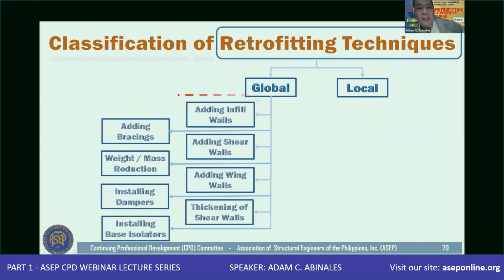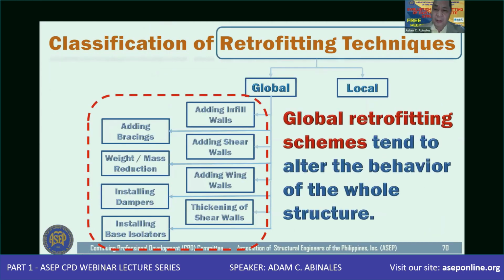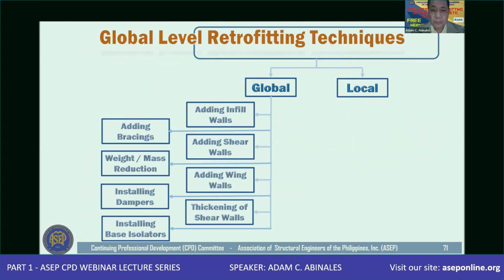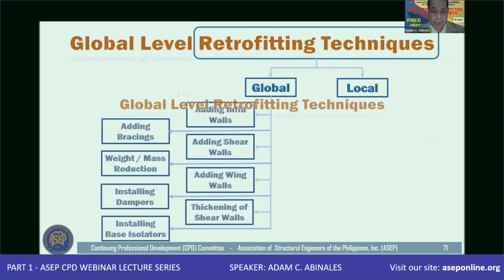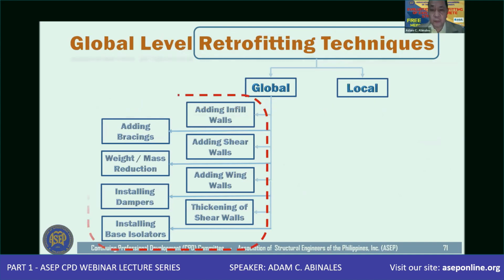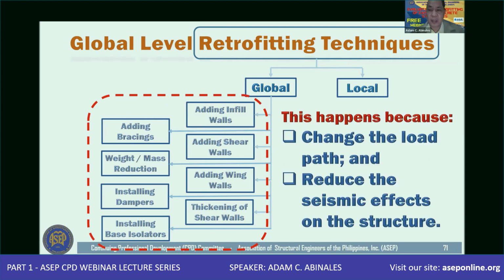Now, let's go to the global retrofitting schemes. These global retrofitting techniques tend to alter the behavior of the entire structure. Whatever it is, any of these techniques, that would be the effect. This happens because there is a change in the load path.